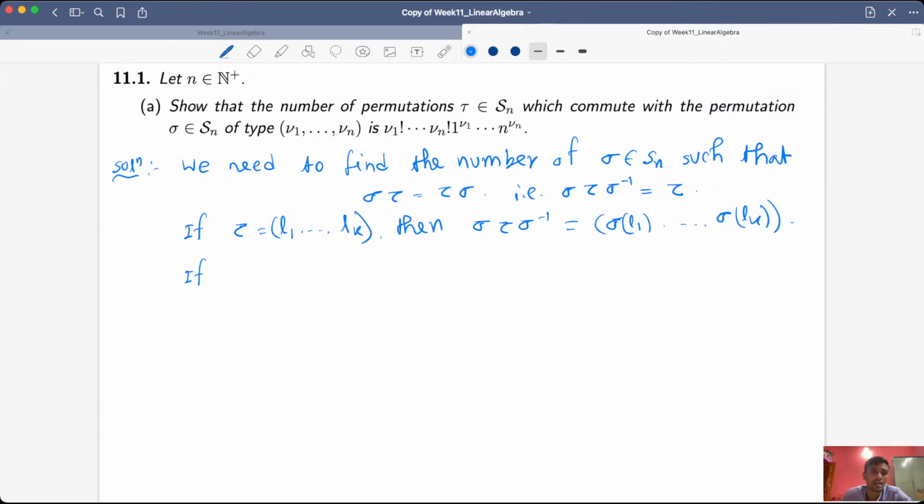But in general it is written in this form, nu1 through nun, where nu i denotes the number of i-cycles.